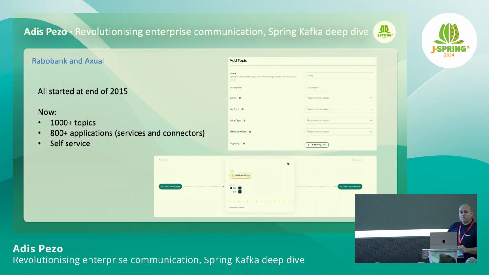And a couple of years later, now we use more than 1,000 topics provided in Axual, and we have around 800 plus applications that are services or connectors. And everything is for our self-service.